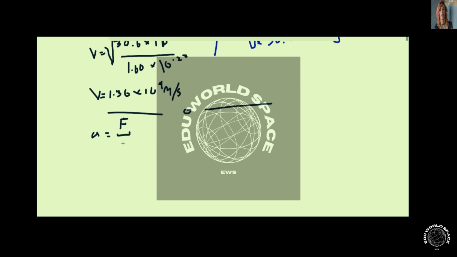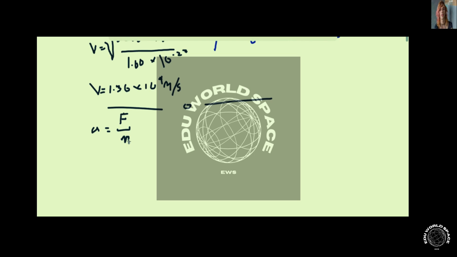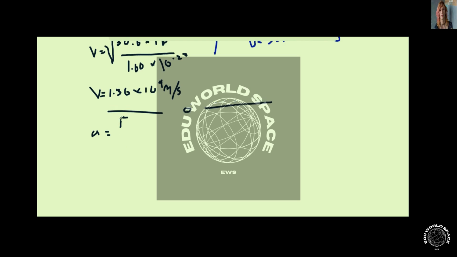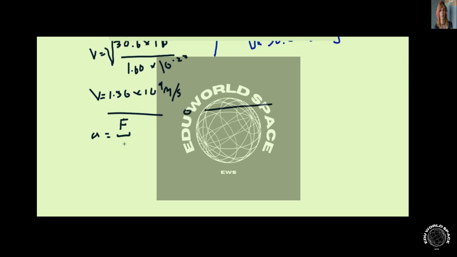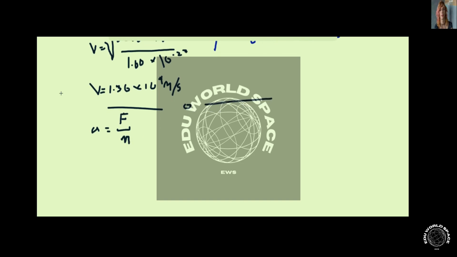So the formula is a is equal to the maximum force over mass. This is straight out of Newton's second law, and we already know the values for both of these.